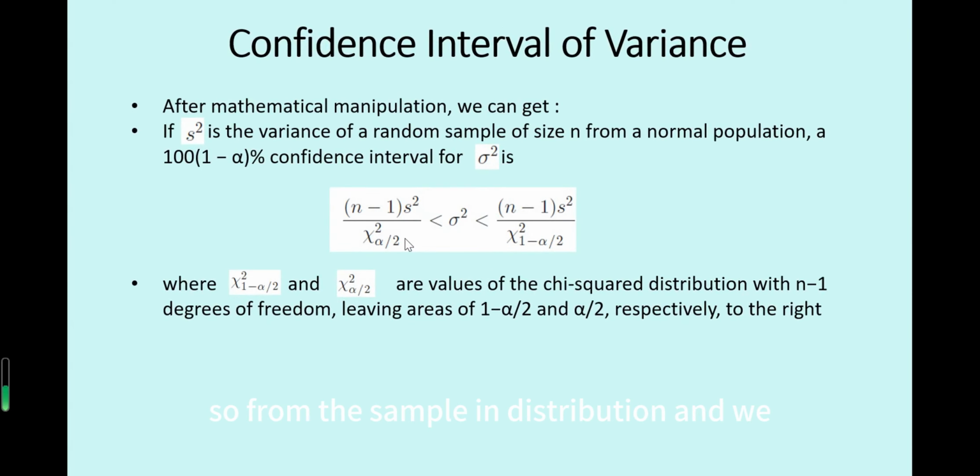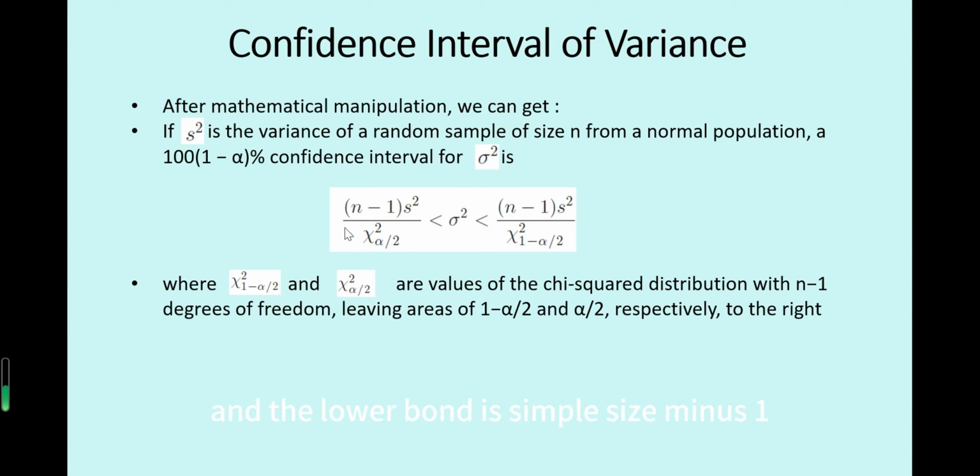From the sampling distribution, and with some mathematical manipulation, we can get the 100 times 1 minus alpha percent confidence interval for the population variance, which is between this lower bound and upper bound.